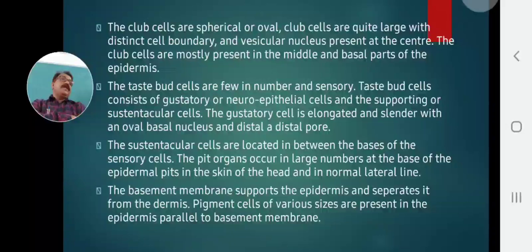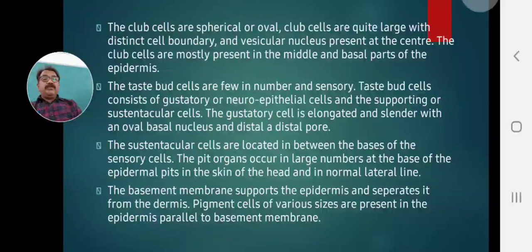On one side it supports the epidermis, and on the other side it supports the dermis. Means dermis and epidermis are separated by a basement membrane.